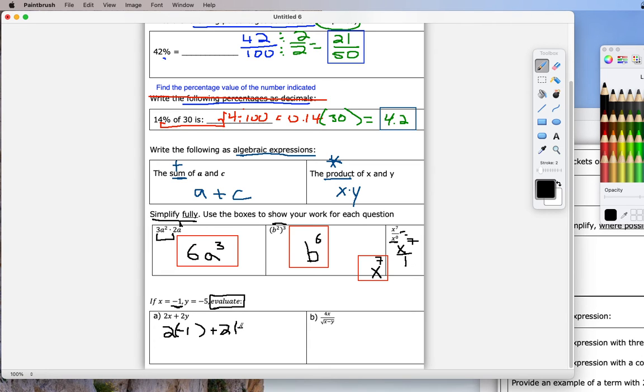And remember, it's multiplication, so make sure you multiply. And if you do that, you have 2 times -1, which is -2. 2 times -5, which is -10. And now use your calculator. -2 subtract 10, well, you're going to be getting -12. And that is our final answer there.